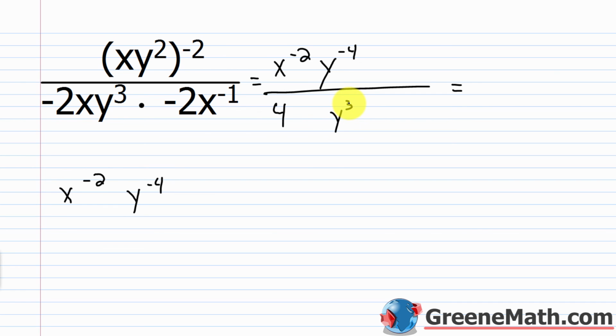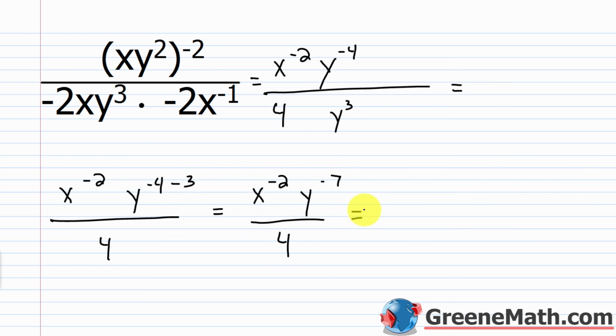So again, the quotient rule for exponents tells me that with the same base, I can keep that base, which is y, and subtract the exponent in the denominator, which is 3, from the exponent in the numerator, which is negative 4. So this equals x to the power of negative 2 times y raised to the power of negative 4 minus 3, which is negative 7, all over 4.